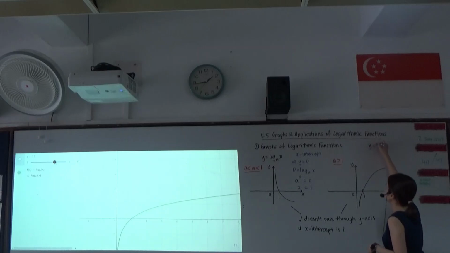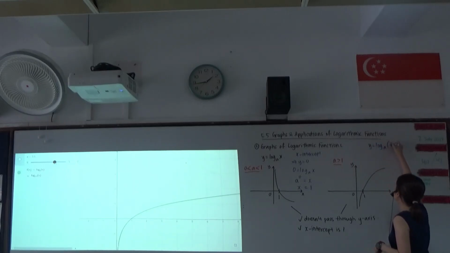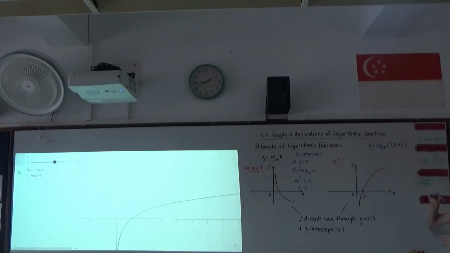Okay, let's consider. Okay, how will the graph of this actually look like? Right? So if I were to consider y equals 0, and I try to solve this, I will get A to the power 0 equals 3x plus 1. A to the power 0 is 1.